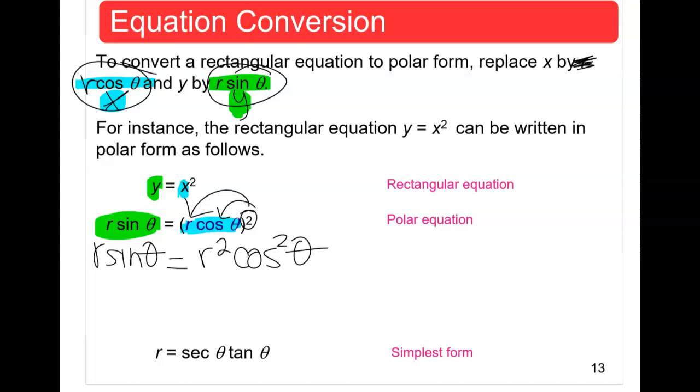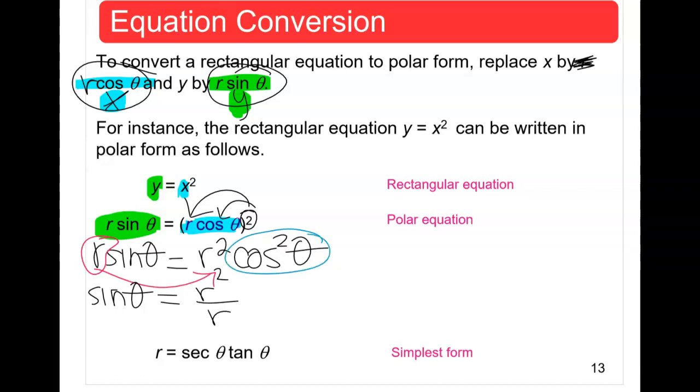So I'm going to take the r that we see here to the other side of the equal sign. So it's going to go from multiplying to dividing. And so we will have sine theta is equal to r squared over r.